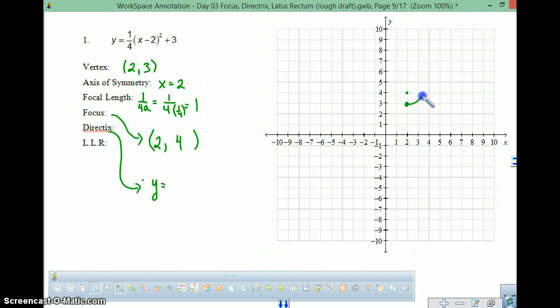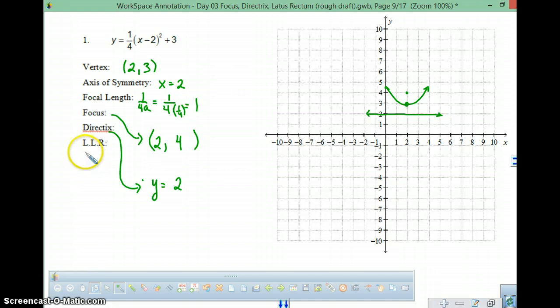We know our parabola opens up like this. Remember that the vertex is going to be halfway in between the focus and the directrix. So is it obvious that this is the directrix right here? So the directrix is going to be y equals 2. You can figure that out by saying it's 3 minus 1.